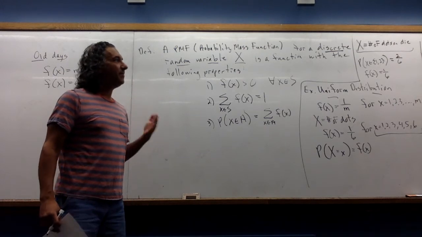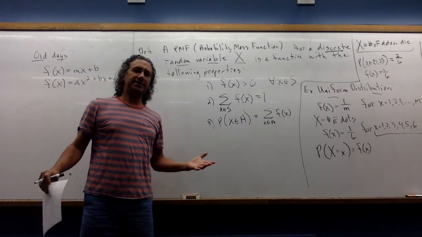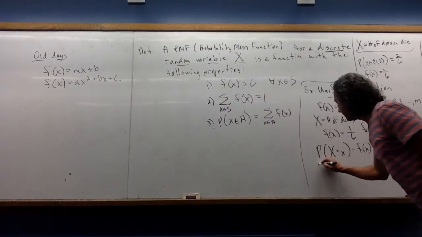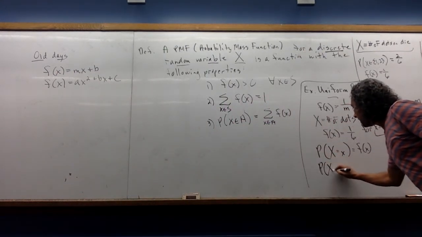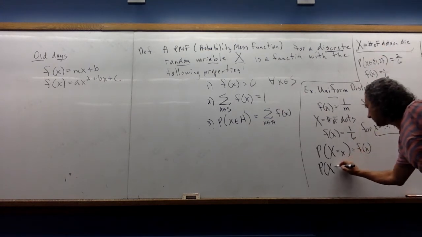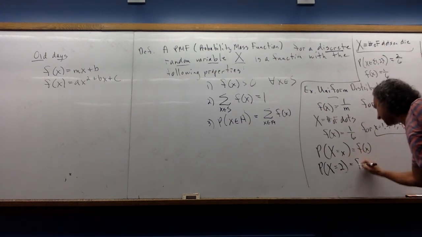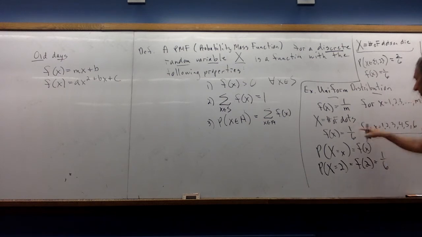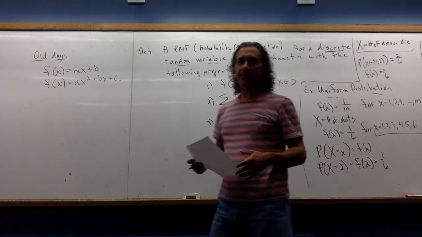You just have to remember that the big X is representing the process. As an example, what's the probability that this random number of dots is equal to 2? That's the same exact thing as f of 2, which is the same thing as 1/6. So that's just a bit of notation.